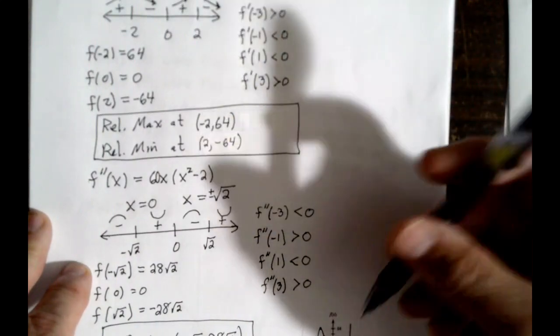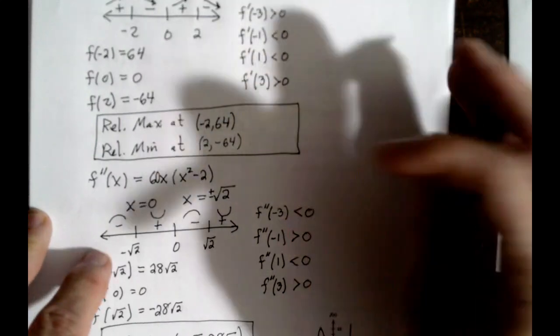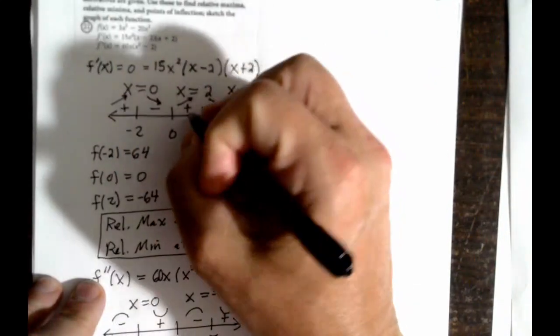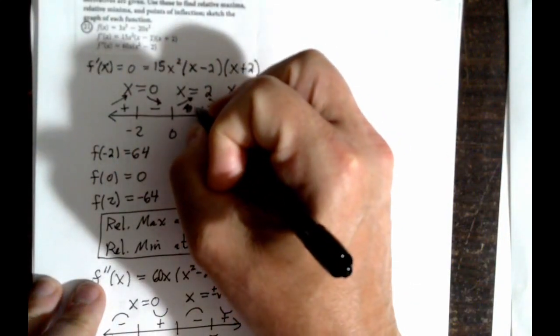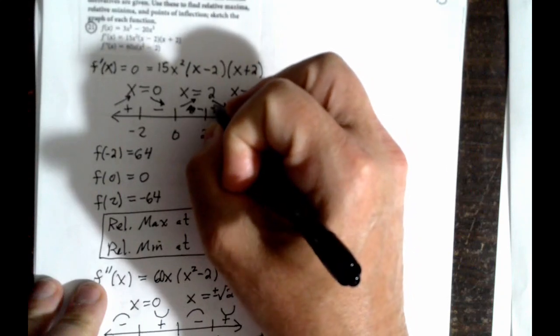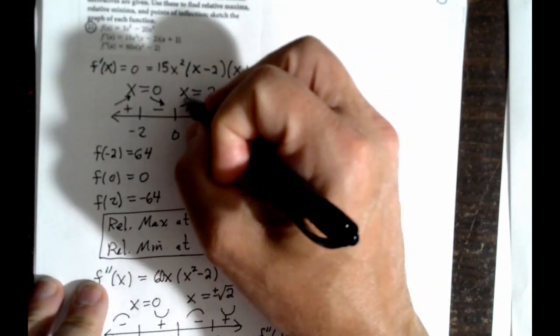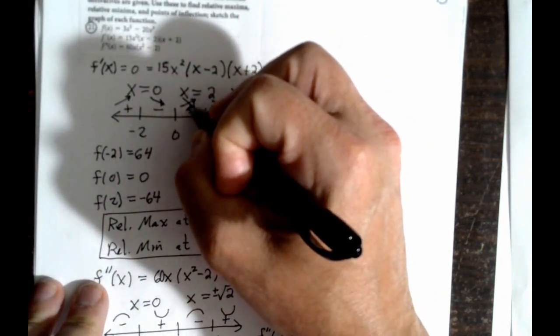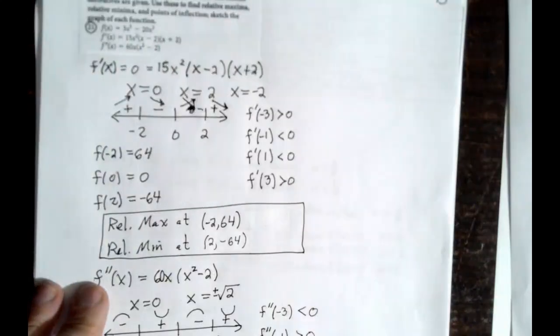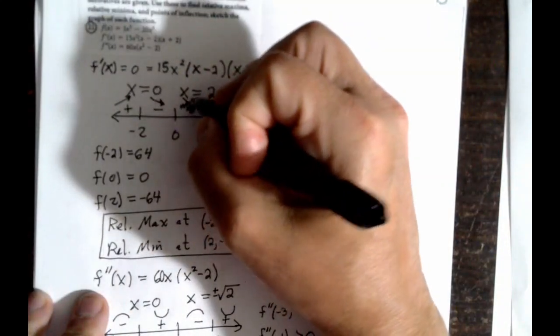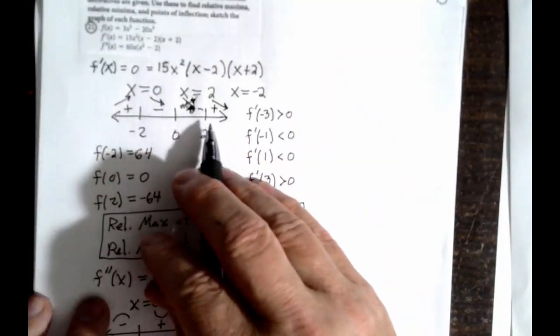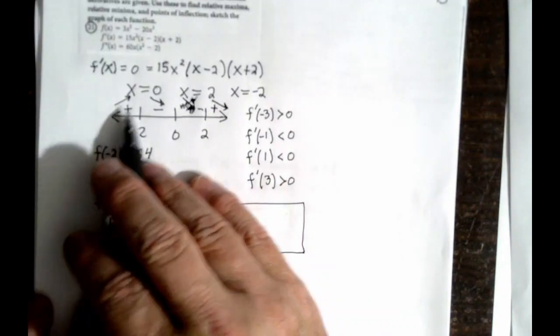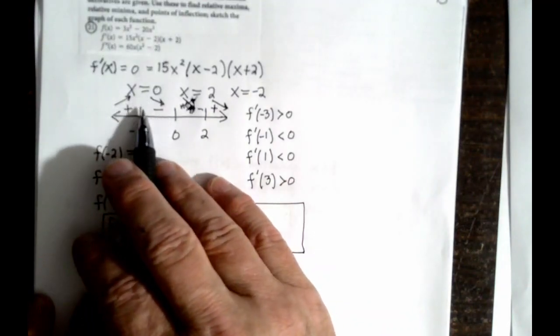And at 0, 0, you actually have, this should actually be minus, and this should be plus. So this is actually going down, and this one is going down as well. So you've got plus, minus, minus, plus. So it's increasing here and decreasing, so that's a relative max.